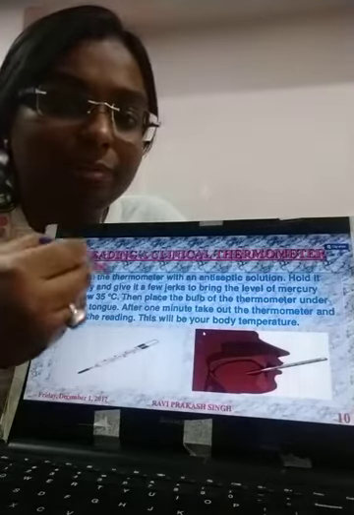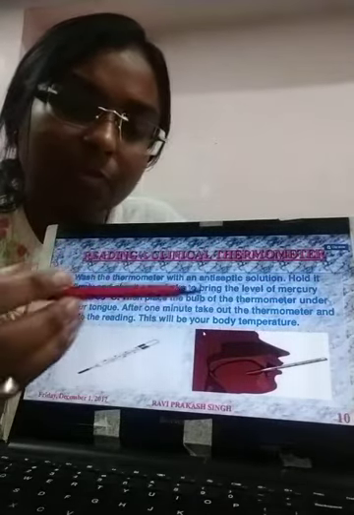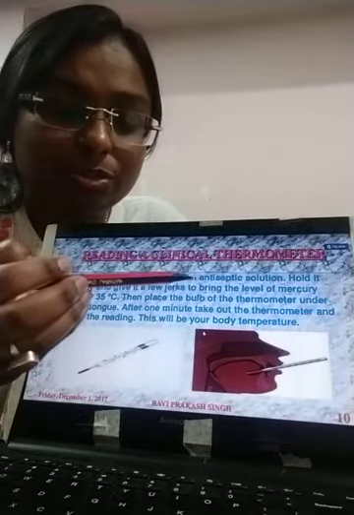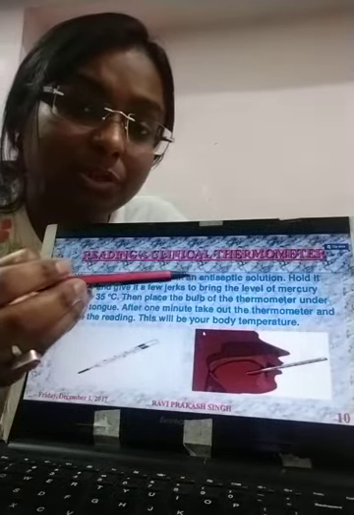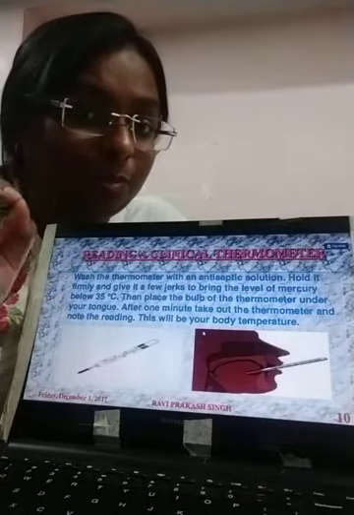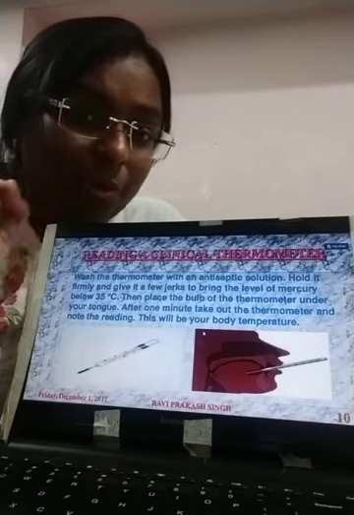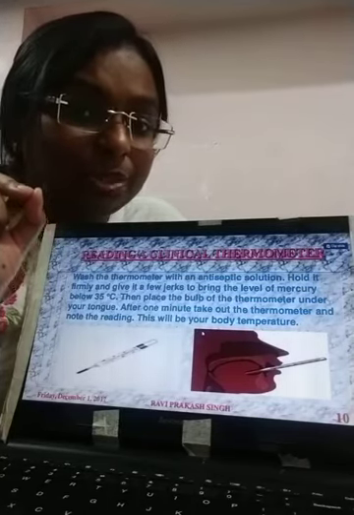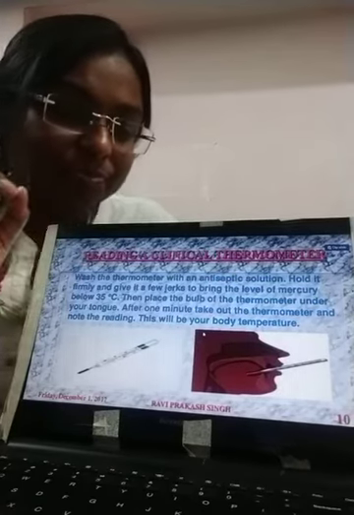Then wait a few minutes, take out the thermometer and see the reading from the bulb or the bore. You have to see where the mercury is ending. So positively today, take the thermometer and look at it properly so that you can understand how to take the temperature using a clinical thermometer, okay.